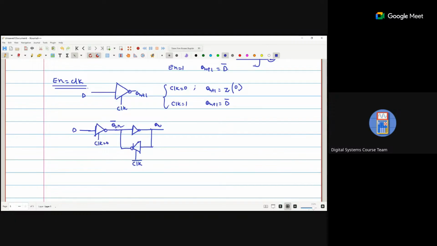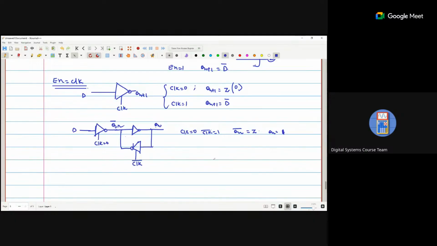Okay, now we check. Clock is 0, that means clock bar is 1. If clock is 0, we are getting the output as Q and the other is in high impedance state. Okay, that means Qn is 1.